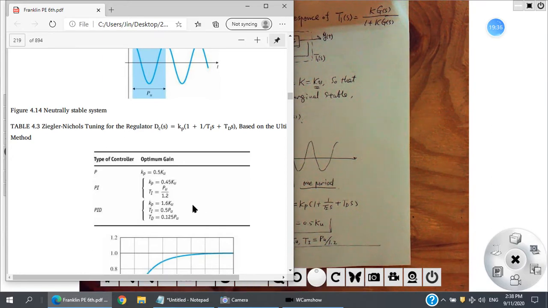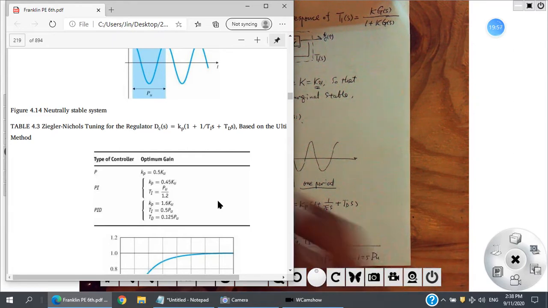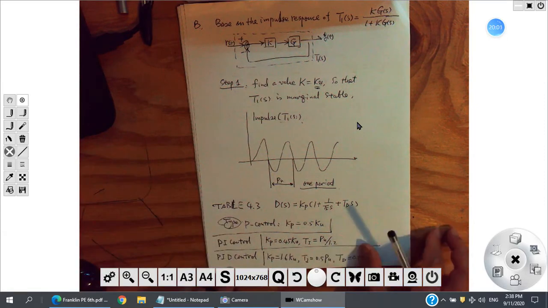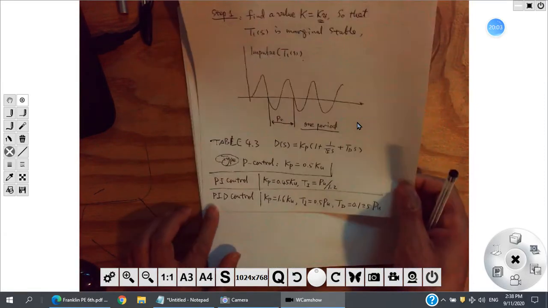Kp equal to 1.6 Ku, and Ti equal to 0.5 Pu, and Td is 0.125 Pu. Alright, so we can choose these parameters this way.